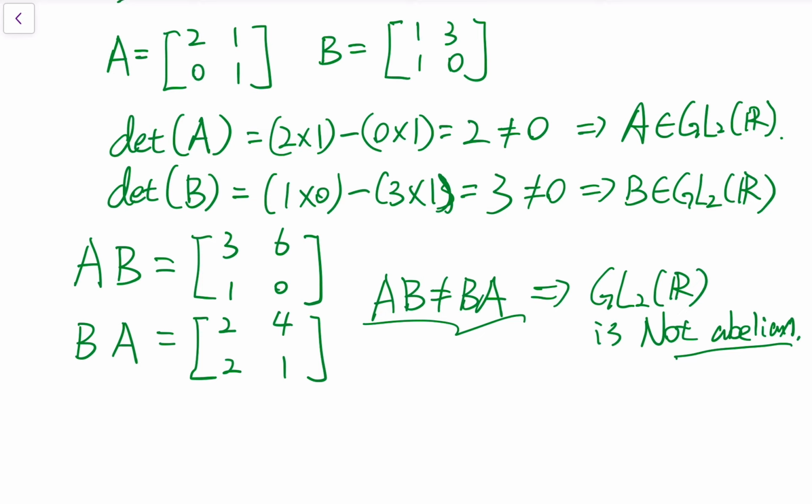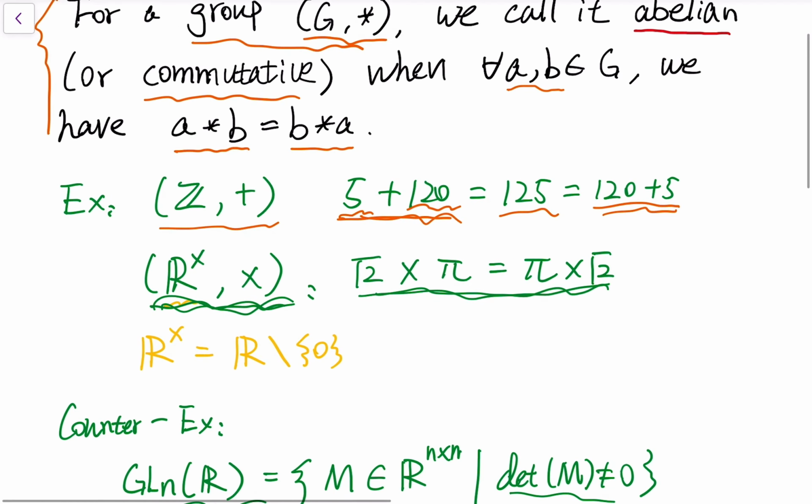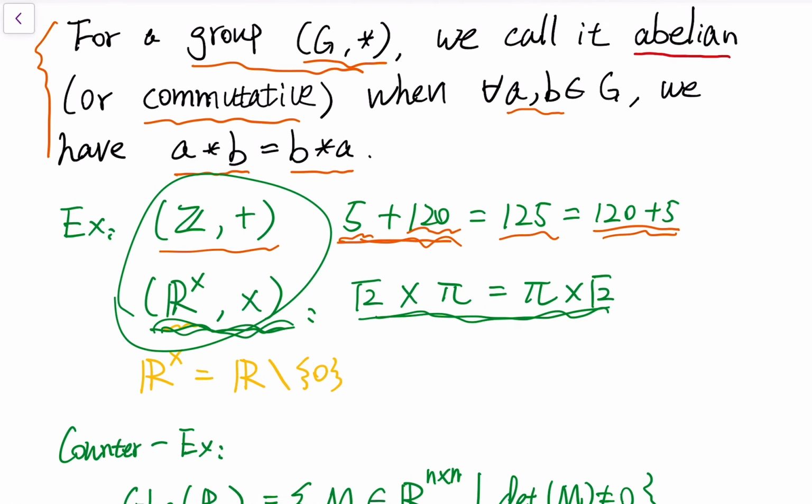But if we want to prove that a group is Abelian, like those two earlier, we need to check every two elements in the group and show that they commute. That is how you prove the Abelian property of a group if you follow the definition.